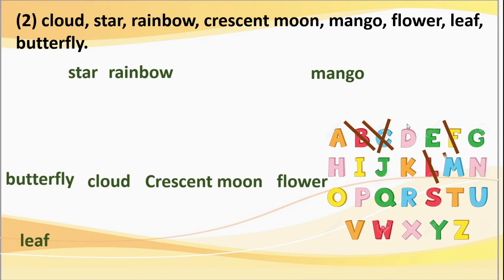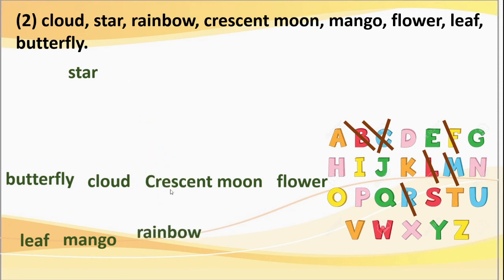Then M, M for mango. Then N, no, only two words remain, star and rainbow. And first rainbow it comes, R, then S, correct? So we will write rainbow first and then we will write star. Now we have written all these given words in alphabetical order, right? I hope you understood properly.